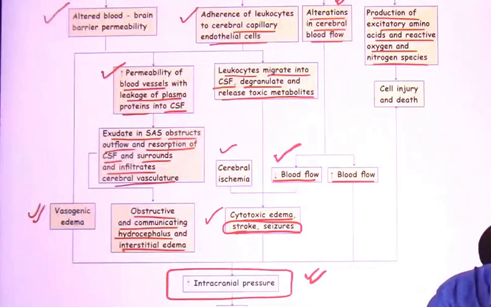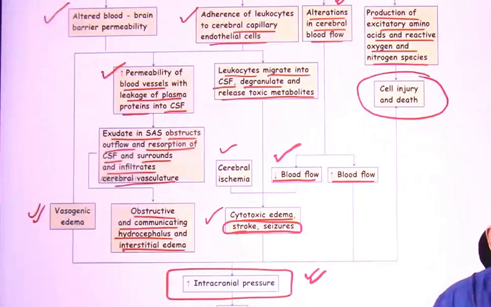Then the last of the things is, in this particular one, there is a production of excitatory amino acids, which leads to what? Cell injury and death. Okay, so all these things happen in the pathogenesis of this particular one. Like all the steps in the case of meningitis: there is an alteration of the blood-brain barrier permeability.